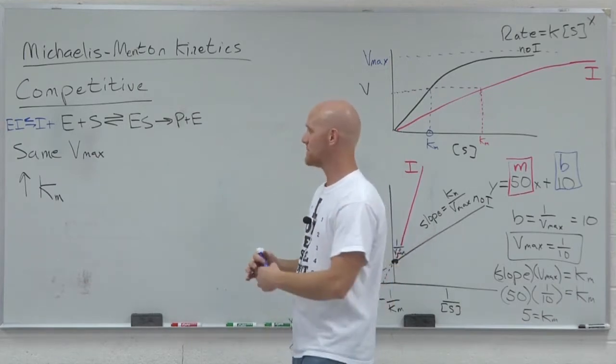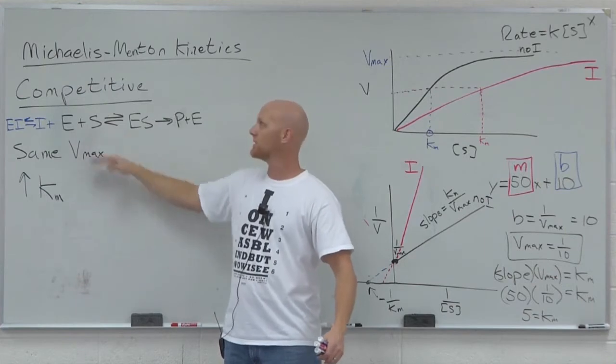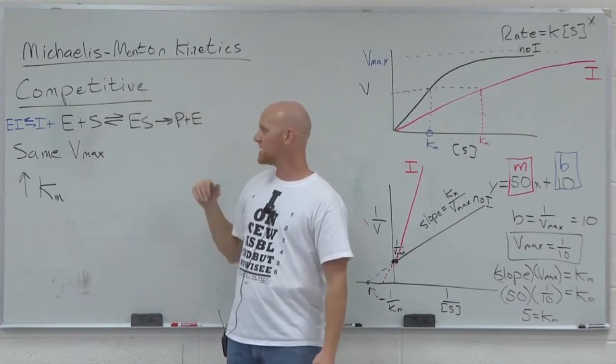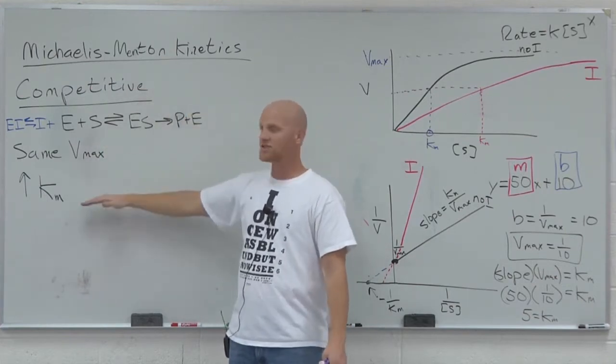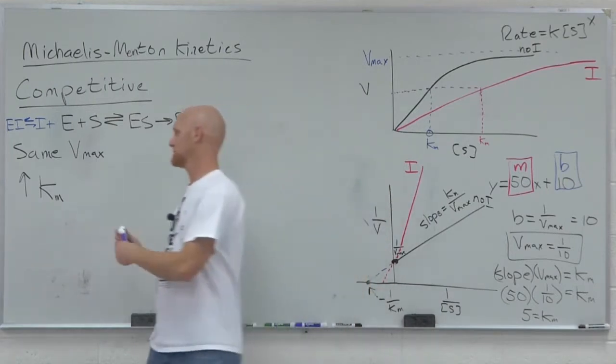And in non-competitive inhibition, it pretty much is going to do the exact opposite result as what competitive did. So competitive left Vmax alone, but changed Km. Non-competitive is going to change Vmax, but leave Km alone.